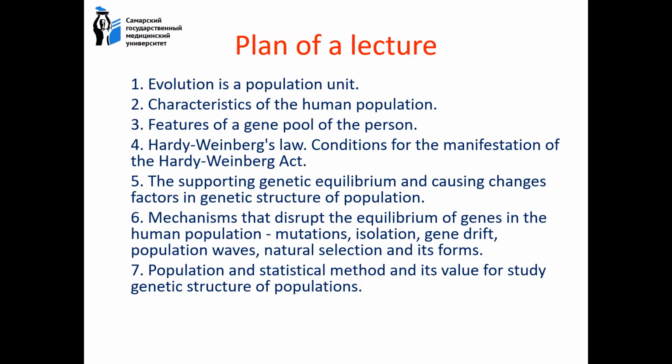Conditions for the manifestation of the Hardy-Weinberg law. The factors supporting genetic equilibrium and causing changes in the genetic structure of population. And the next one: mechanisms that disrupt the equilibrium of genes in the human population. Population and the statistical method and its value for studying the genetic structure of populations.